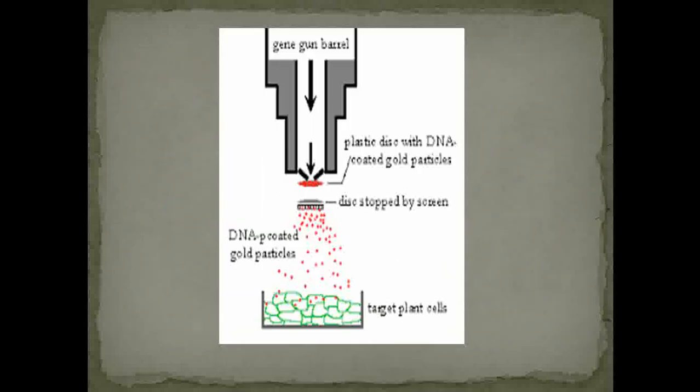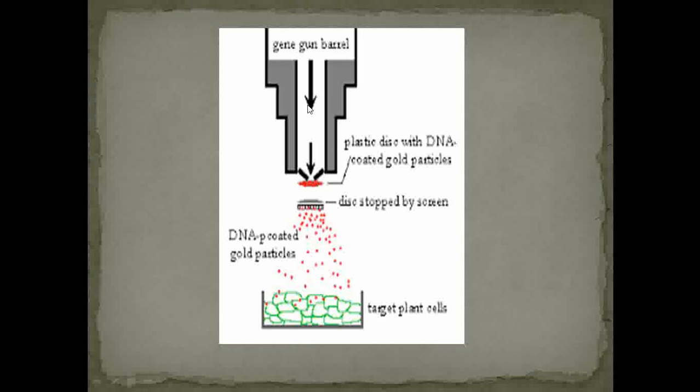Then the second method, we call gene gun bombardment. See here, this is our plant cell in which we have to transfer the recombinant genes. This is the disc, and here there are gold-plated particles of DNA.